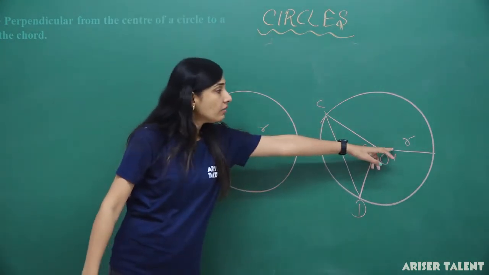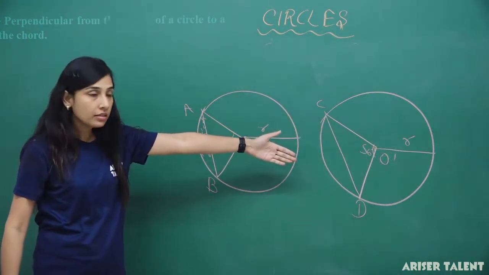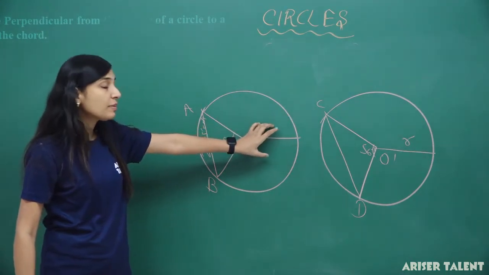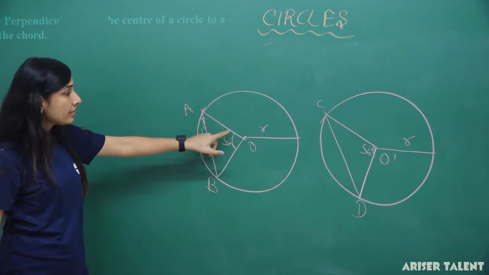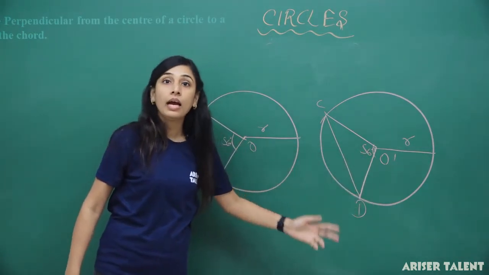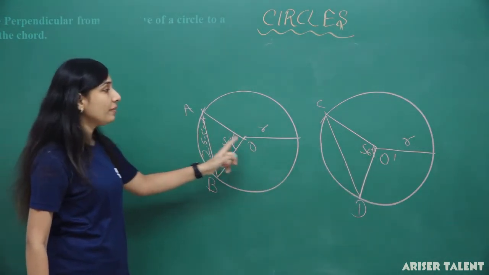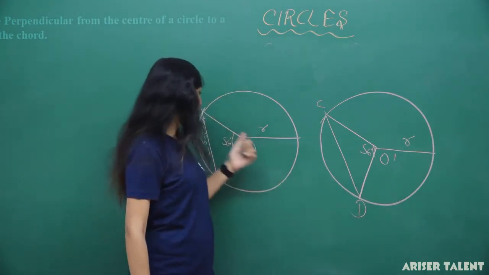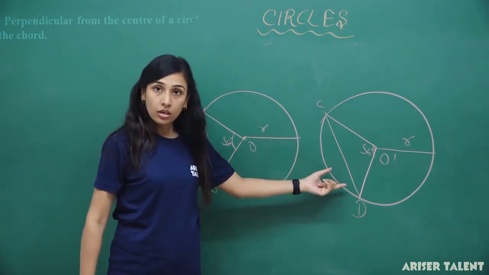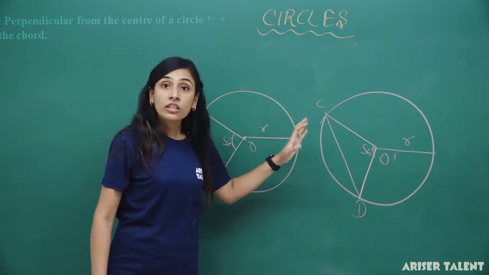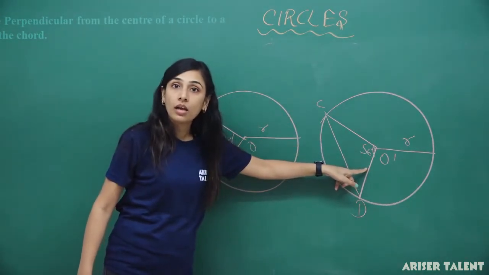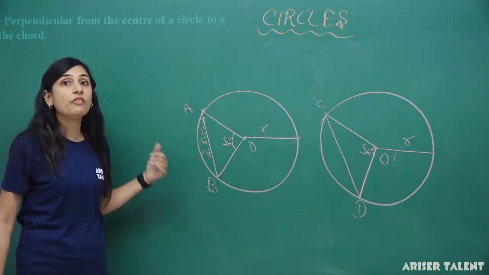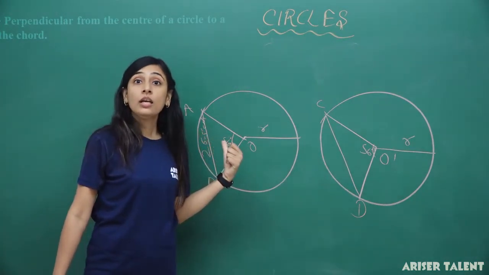Simply, this is R equals R. These two are congruent circles, not congruent triangles, because they have the same radii. That means this angle and this angle are the same, and this chord will also be equal to this chord. If these two are congruent circles and you have the same angle, then the chords will be the same, as we have taught in the theorem.